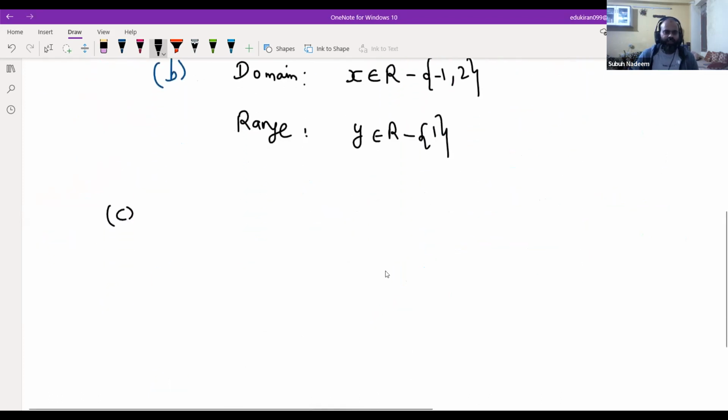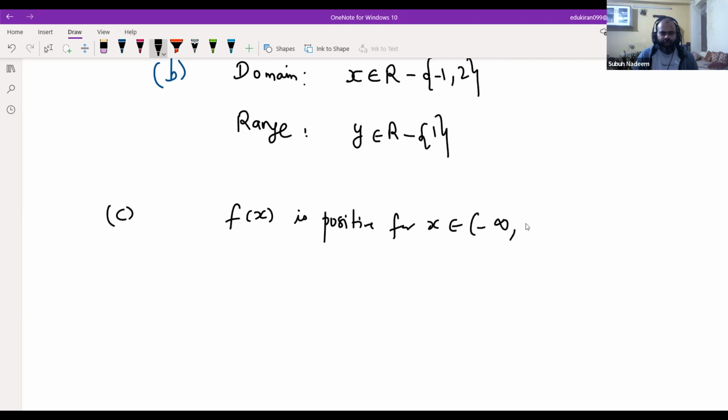So you can write it like this, that f of x is positive for x belonging to -infinity to -1, union -1 to 0, union 2 to infinity.